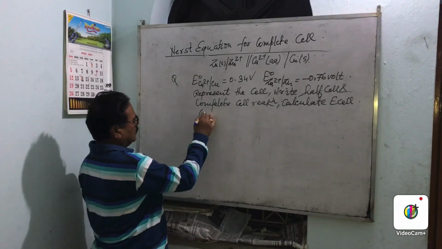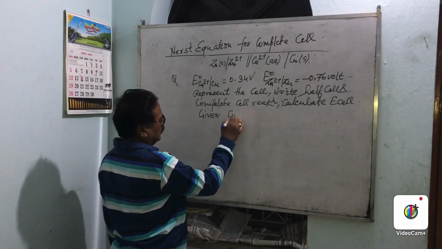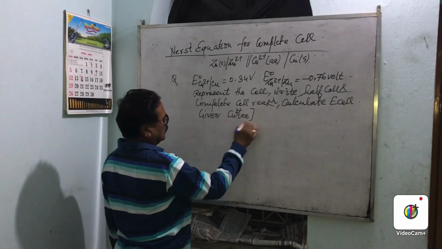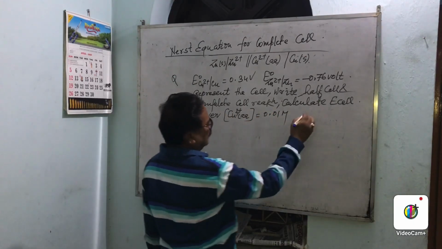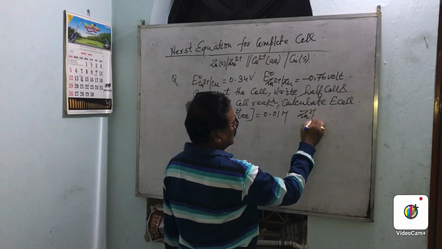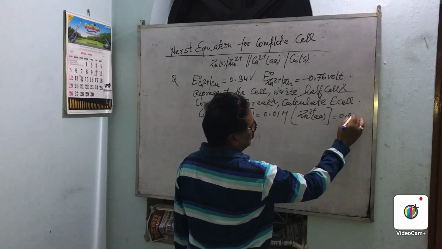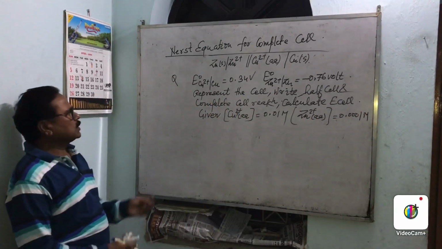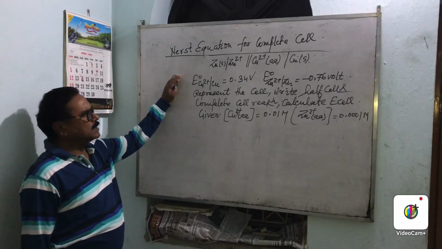Given the Cu2+ aqueous concentration is 0.01 M, and the Zn2+ aqueous concentration is 0.0001 M. So if the question is asked in such a way, then first we have to set up a cell.